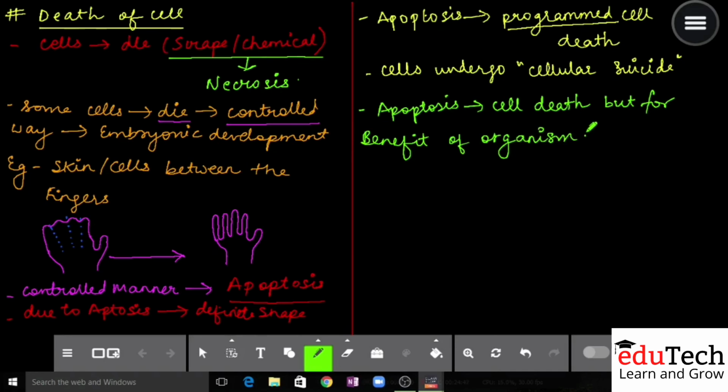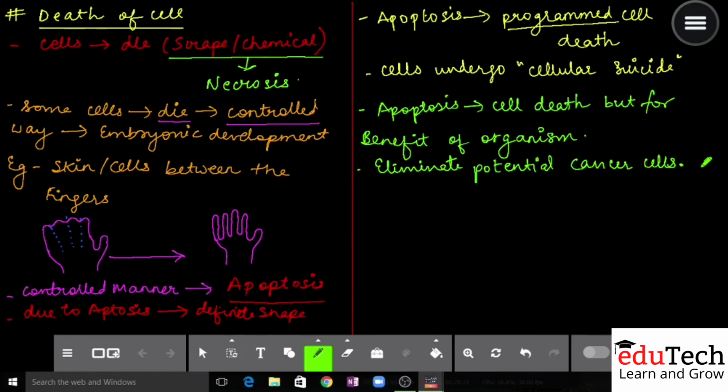And sometimes it can also help us, of course it is helping here as far as fingers are concerned, but it also has one different benefit: it can also eliminate potential cancer cells. So therefore apoptosis is extremely important. Now imagine if apoptosis did not happen, what would our fingers look like. So therefore apoptosis is important.